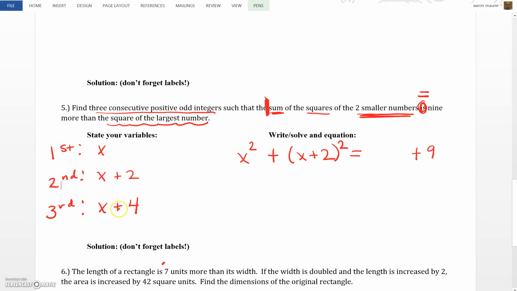So our largest number is x plus 4, and that's being squared. Okay, so we have our equation set up.